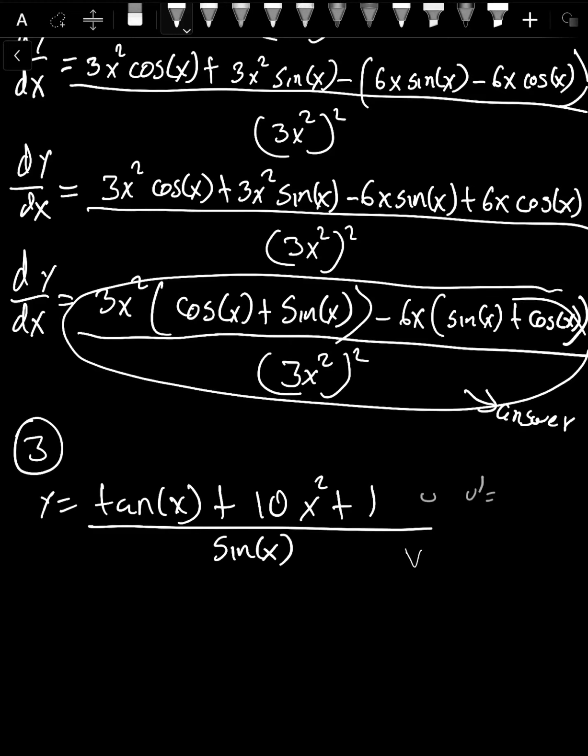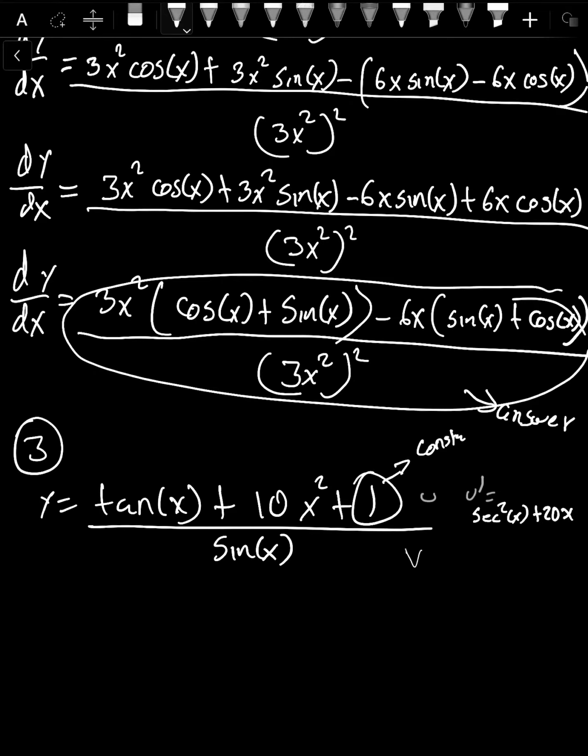u prime is equal to, so the derivative of tangent is equal to secant squared x, plus 10x squared, the derivative of which is plus 20x.